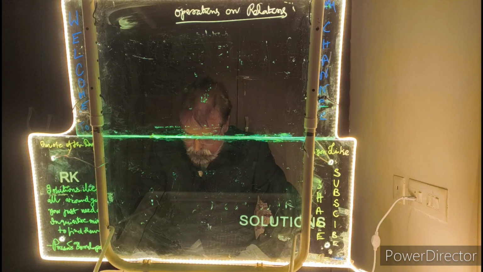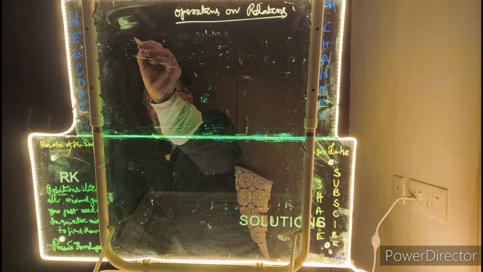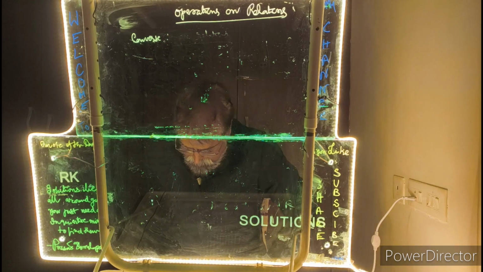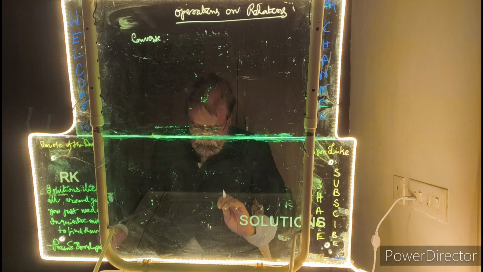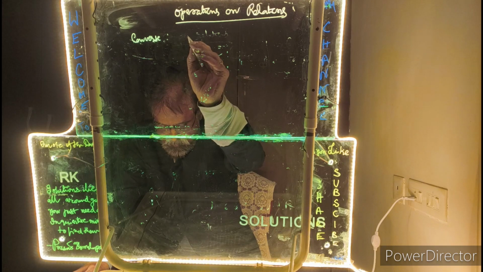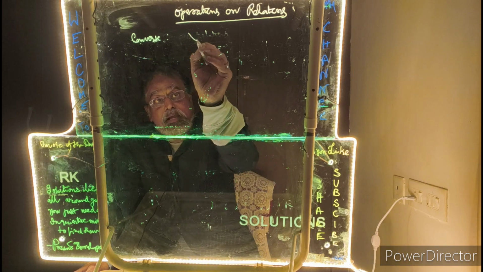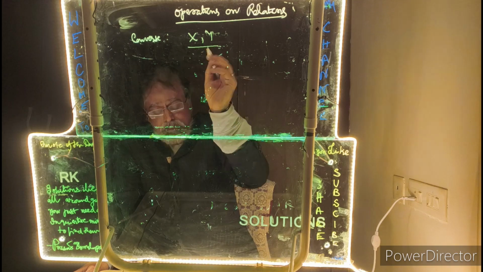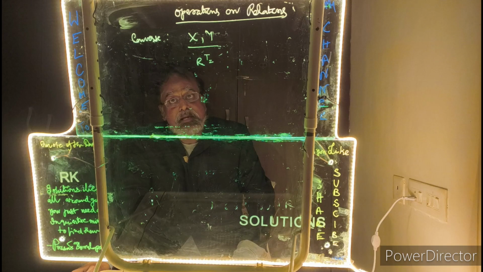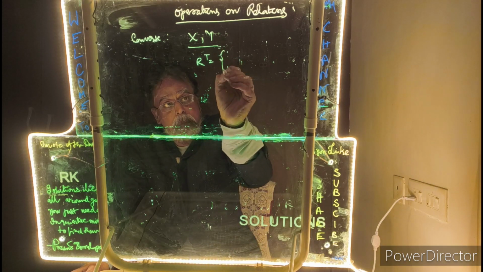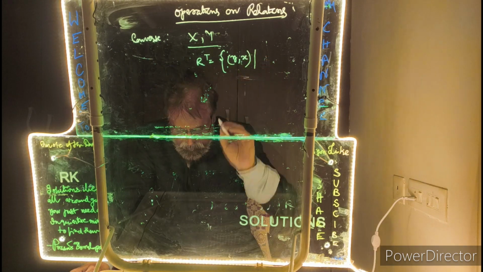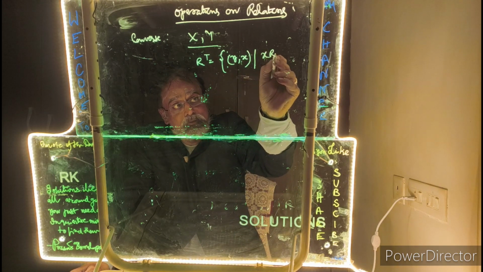The next operation we are going to perform is converse. Converse is mathematically, if x and y are the sets, then R transpose, the converse, is the set of pairs (y, x) such that x is related to y.